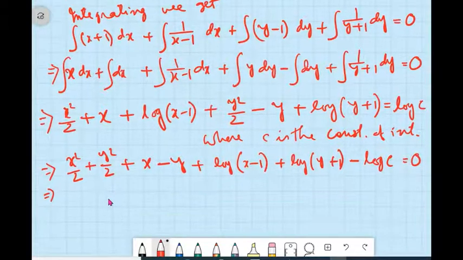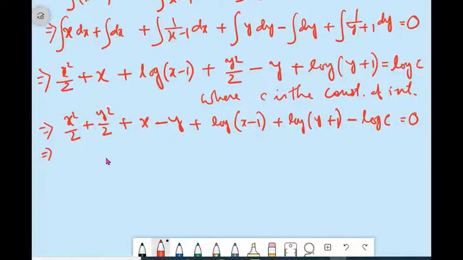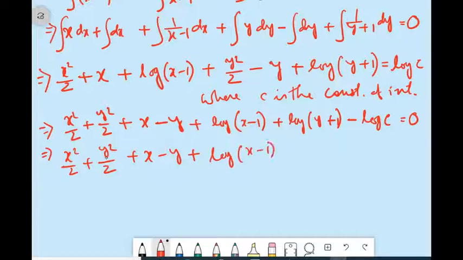Let us make some space again. So this is x² by 2 plus y² by 2 plus x minus y plus, if you combine all the logarithmic functions, it will be log of (x − 1)(y + 1) divided by c, because log c is minus, equal to 0.